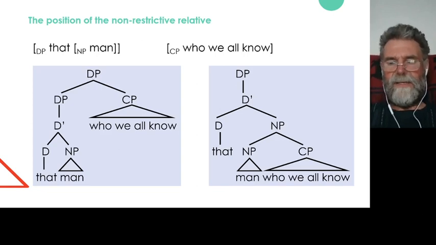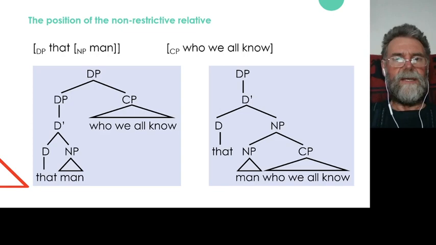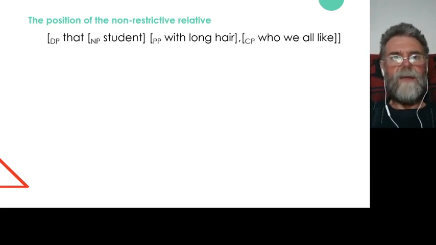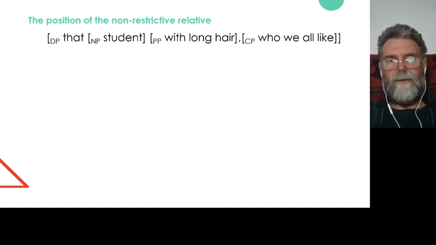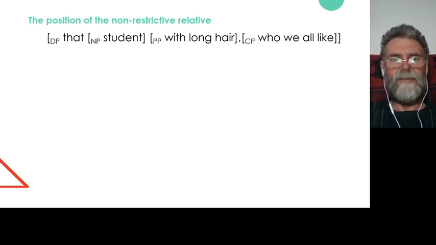However, there are some considerations that lead us to conclude that one of these is the correct version and the other one isn't. For example, if we look at how relative clauses interact with other modifiers, we get a strong indication that the relative clause must be positioned in one particular place. So, for example, take this one, that student with long hair who we all like.